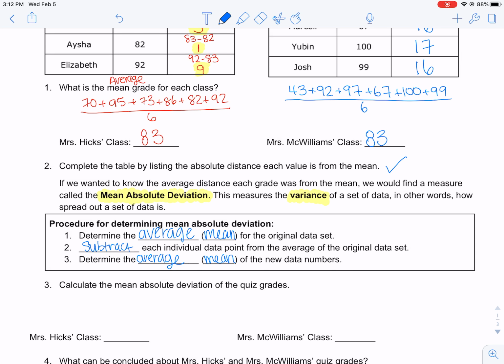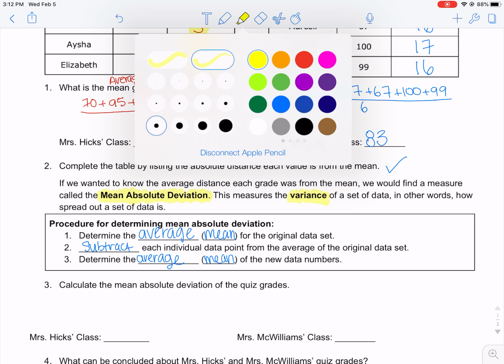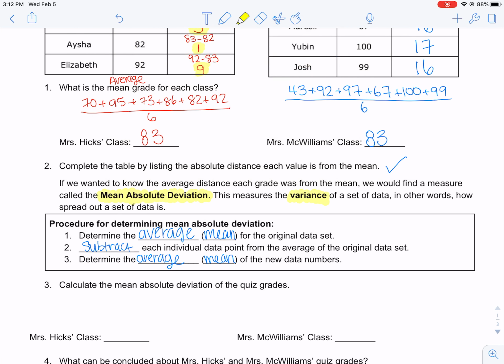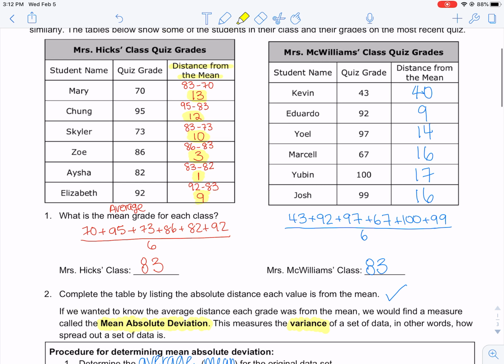So what we did not do yet is the third step, which is to determine the average mean of the new data numbers, the differences from this column. So we again have to find the average of the distances that we got from the mean.